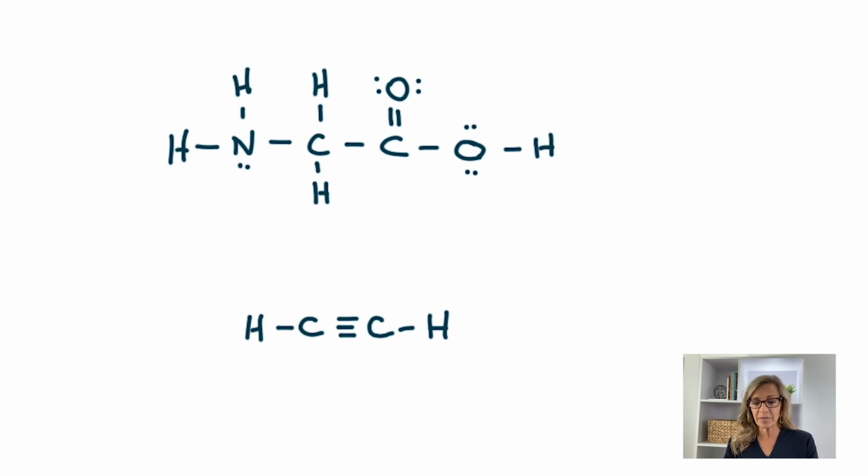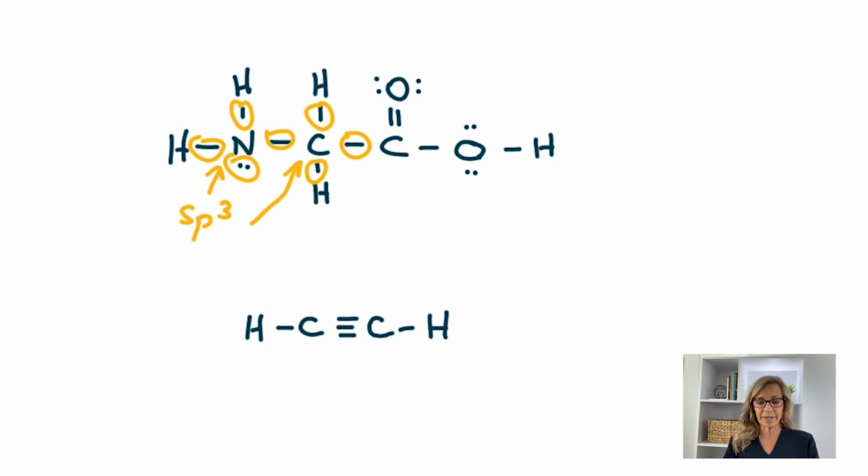So let's go to that nitrogen and count up the electron domains. 1, 2, 3, 4 domains, and so we would call this sp3 hybridized. And then the next carbon, it's got 1, 2, 3, 4, so it also is sp3.